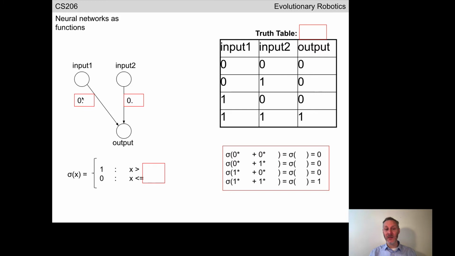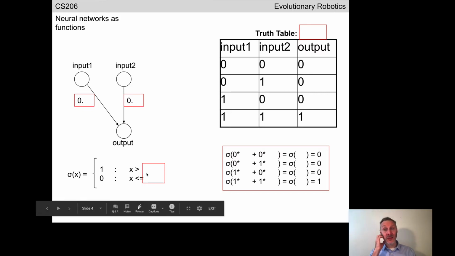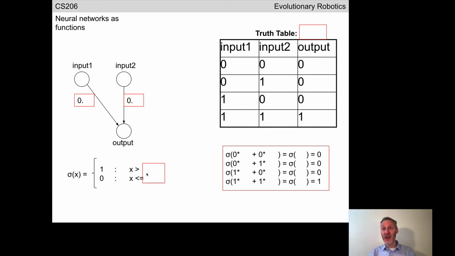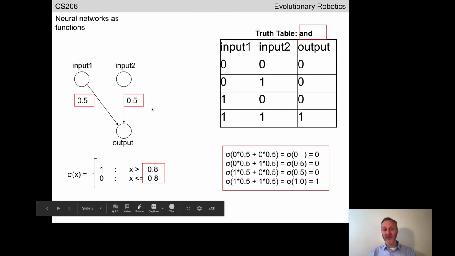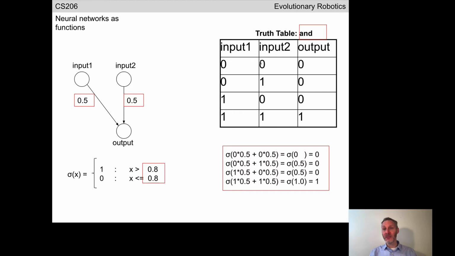We saw last time how setting different values for weights and different threshold values for an activation function can create different functions. We saw how setting the weights to 0.5 and the threshold to 0.8, if we assume that the input values are binary, will compute the AND function.